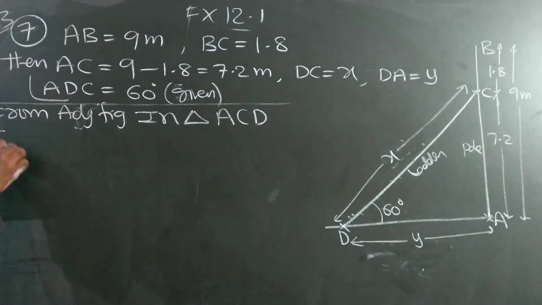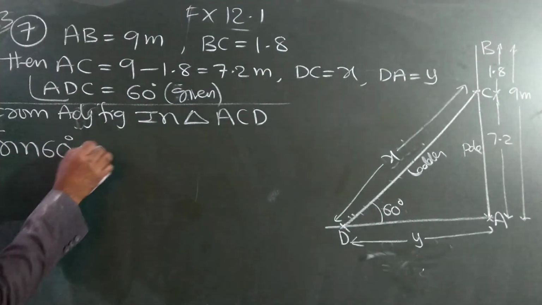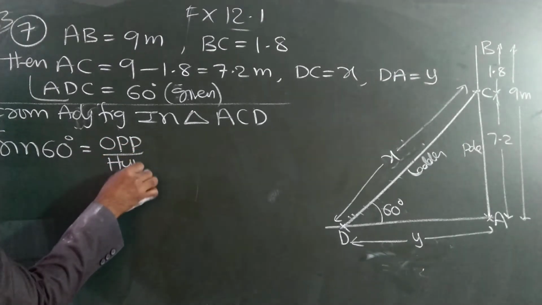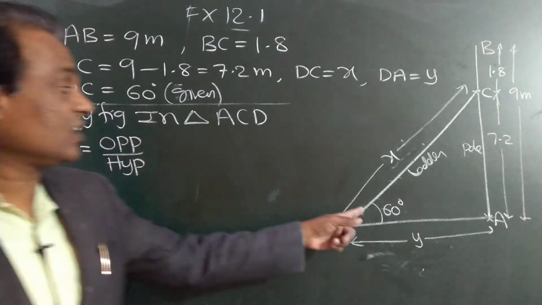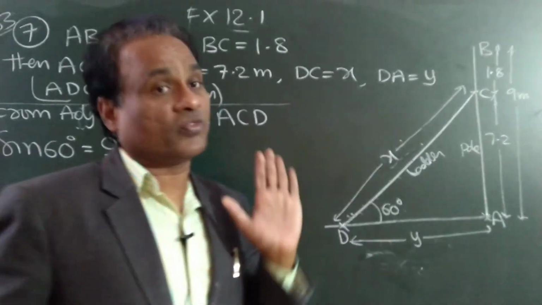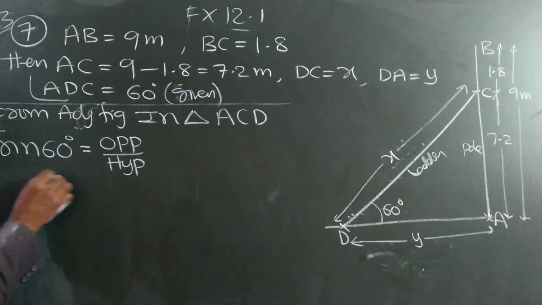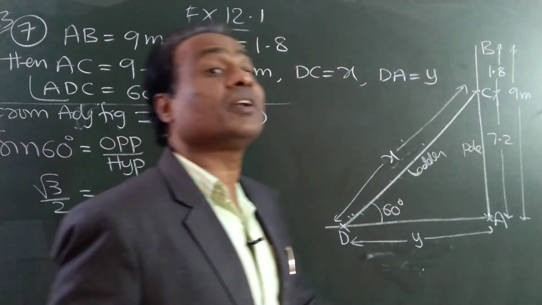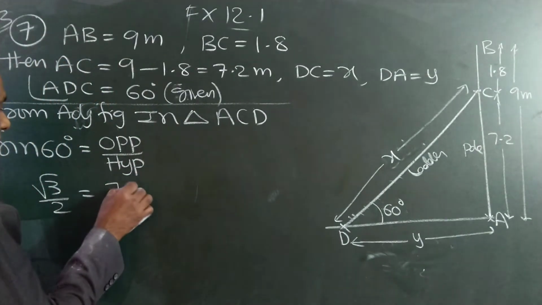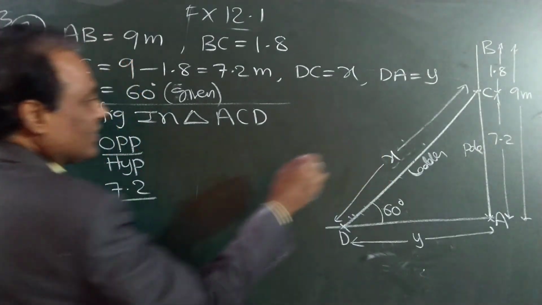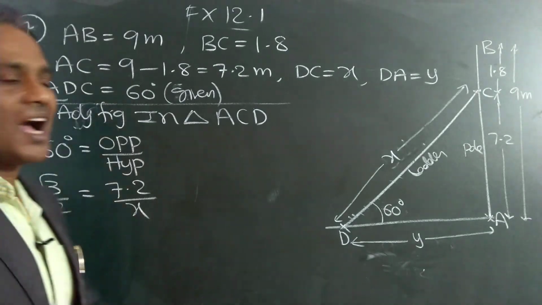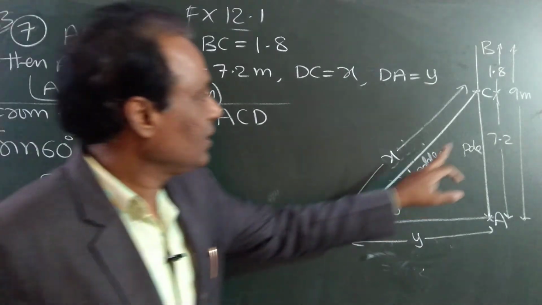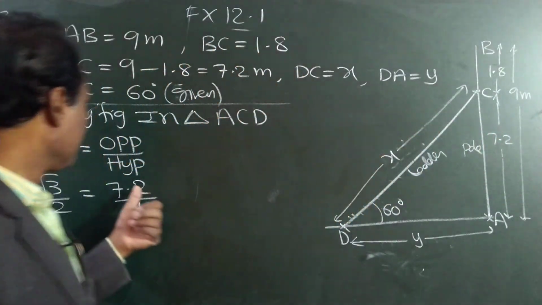Sine 60 is equal to opposite by hypotenuse. Sine theta is equal to opposite by hypotenuse. Sine 60 is root 3 by 2. Opposite is 7.2 and hypotenuse is x, so sine 60 equals 7.2 by x.